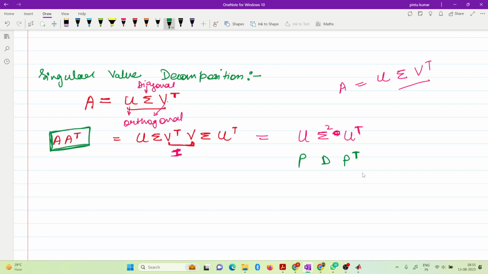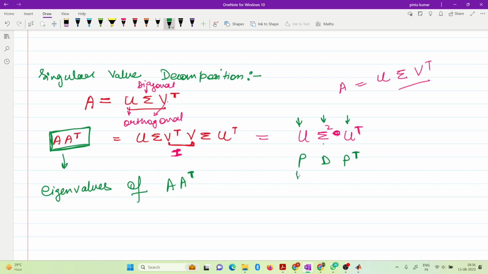So can you now tell me what my U should be, what my sigma square should be, and what my U transpose should be? What is my sigma square? Sigma square is nothing but the eigenvalues of A A transpose written in the form of a diagonal matrix.